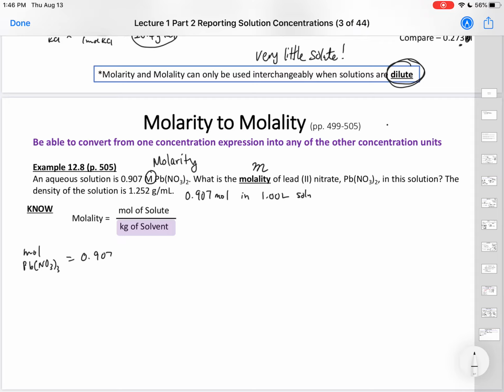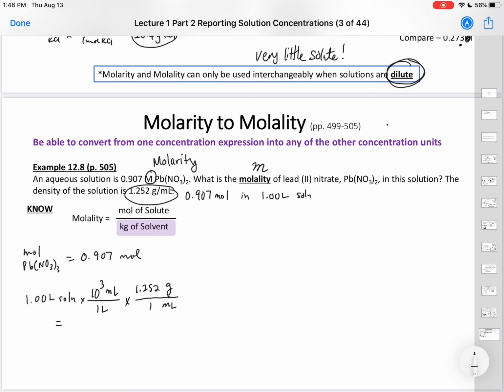It is 0.907 moles if you have 1 liter of solution. So we're going to convert our 1 liter of solution to milliliters, 10 to the third milliliters in a liter, and then we're going to go from milliliters to grams using the density. In this case, the density is given here as 1.252 grams per milliliter.